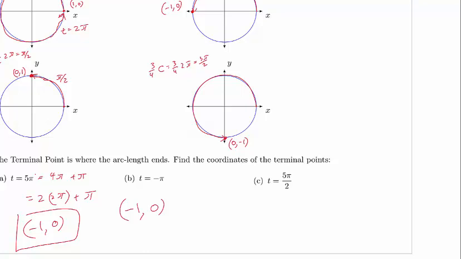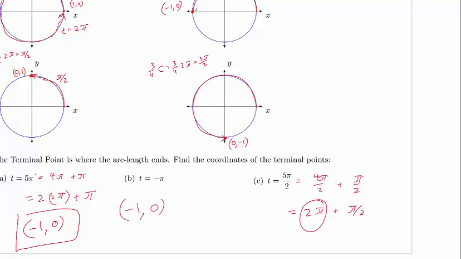Alright, now for 5 pi over 2. So first thing we want to do is break this fraction up. We want to have one of them be a full pi times an integer. So what we do is we go, okay, so let's take out one of the half pi's from there, so that we have 4 pi divided by 2 plus pi over 2, right? If you combine these two together, you'll end up with 5 pi over 2. Alright, so now let's go ahead and evaluate that guy there. Well, that's going to be 2 pi plus pi over 2.